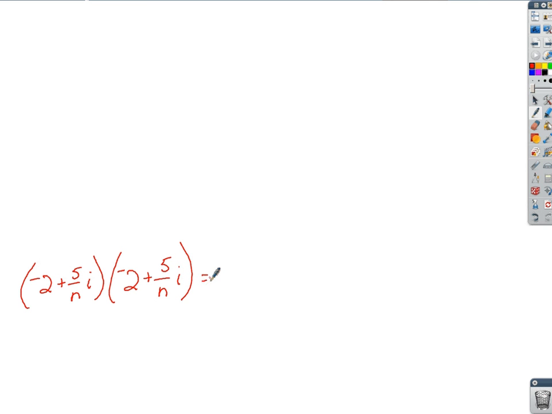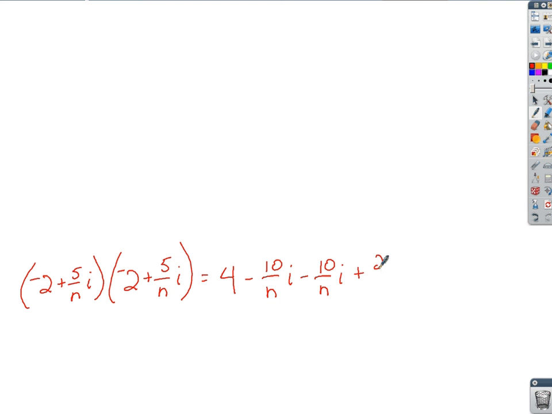If I FOIL all that out, negative 2 times negative 2 gets positive 4. My outside terms of negative 2 and 5 over n i, if I multiply that together, I get minus 10 over n i. Inside terms will be the same. And then when I multiply my last terms, I've got 5 over n i, basically times itself.